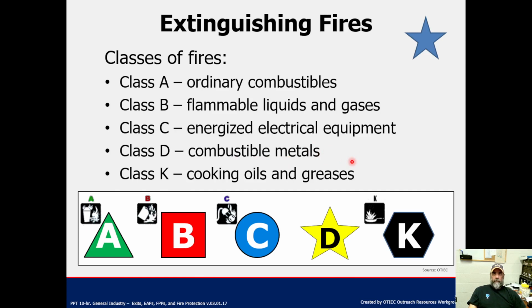Magnesium is highly flammable, and most metal dust is flammable as well. If you have any steel wool at home, don't say I told you to do this, but go out into your driveway with a little piece of steel wool and a lighter, and you would be surprised that steel wool will actually catch on fire, even though it's metal.